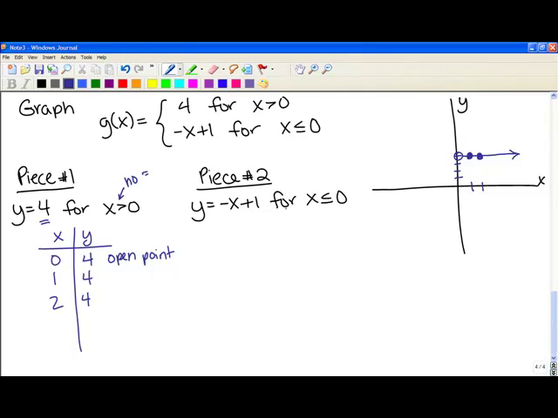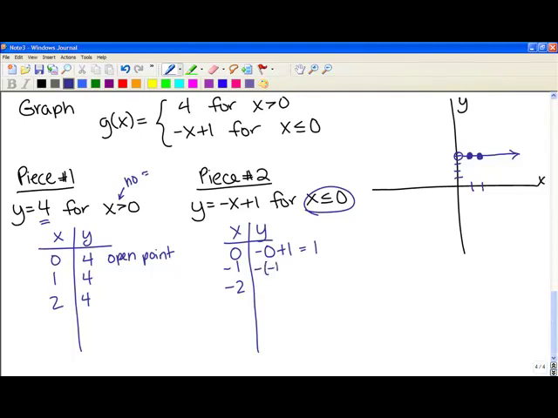Now for piece number 2, we'll set up a table again. And now we're looking at values where x is less than or equal to 0. So let's start at 0 and go less. So negative 1, negative 2. So we're going to take these numbers and plug them in to the function. So negative 0 plus 1 is 1.